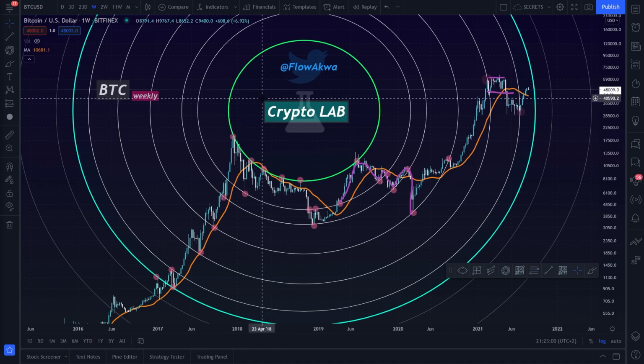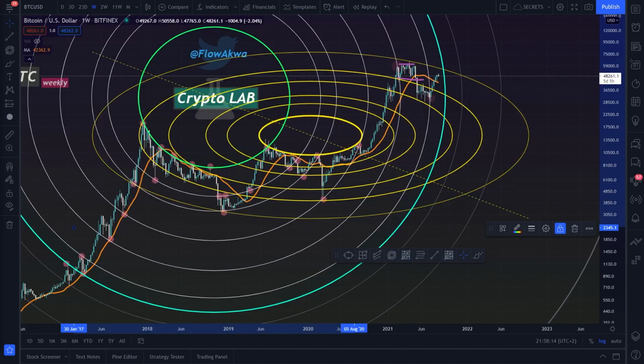So use this carefully and let me know if you make new discoveries for your favorite coins. Okay, if you find something for XRP, let me know. I have some circles. I will show them in the future. If you find out that circles work for XRP, for DOT, for Ethereum, let me know, guys.